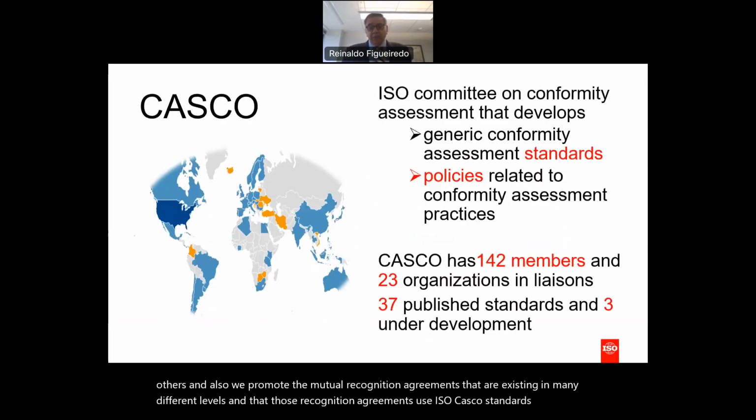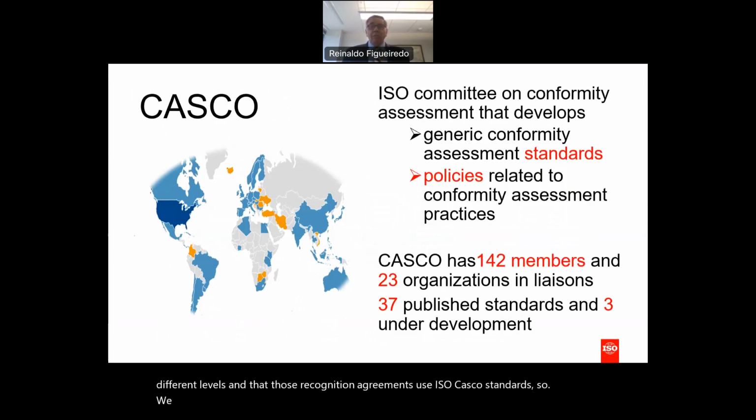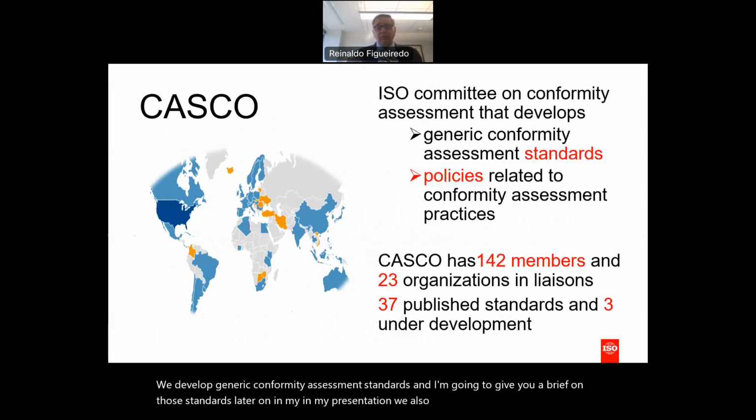So we develop generic conformity assessment standards, and I'm going to give you a brief on those standards later in my presentation. We also develop policies related to conformity assessment practice, and we have 142 members and 23 organizations under the liaison members, and we have 37 published standards and 3 under development.